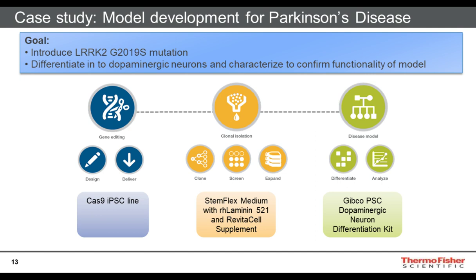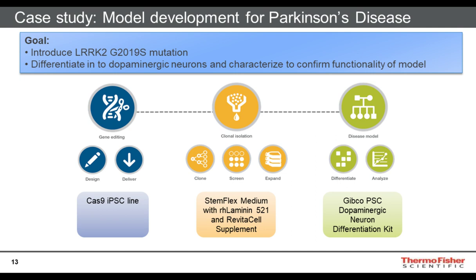We then used our StemFlex medium with laminin 521 and RevitaCell to isolate the single cell clones. And we then took those edited cells and put them through our differentiation kit for dopaminergic neurons, and then we ran some assays to see whether we could reveal any functional phenotypes that are known to be associated with the LRRK2 mutation.